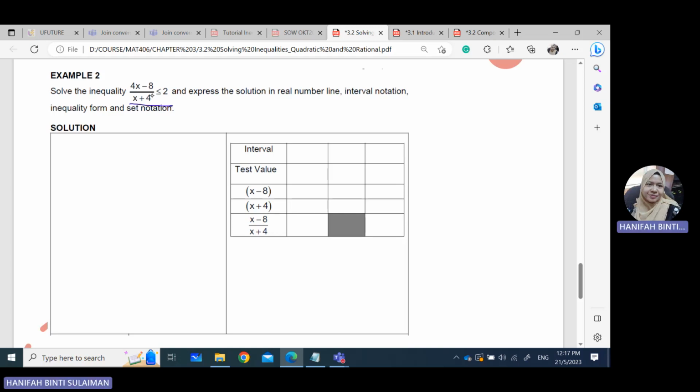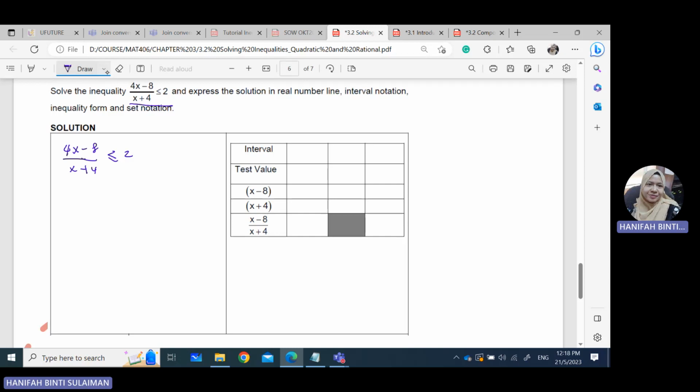Buat sesama 4x minus 8 over x plus 4 are less than or equal to 2. So this one kita boleh bawakan sebelah dan dia akan jadi darab.